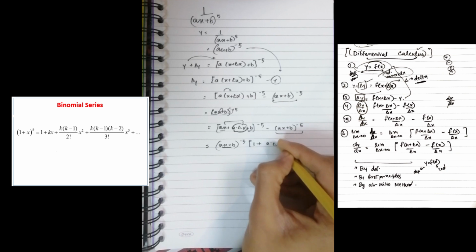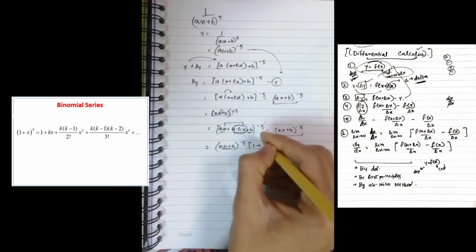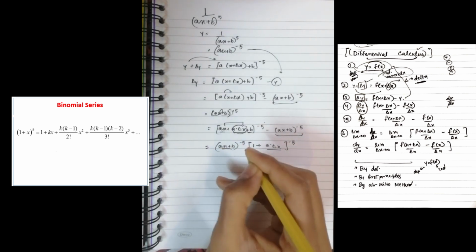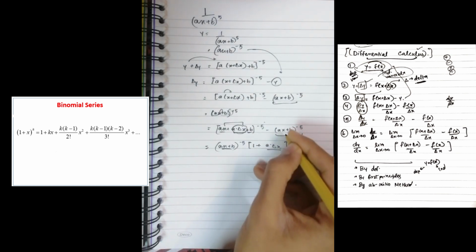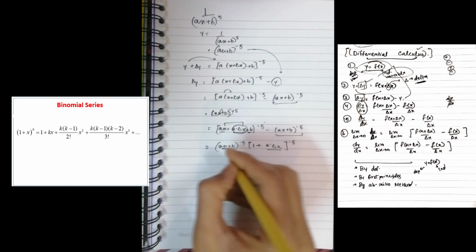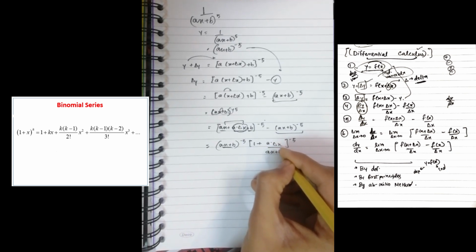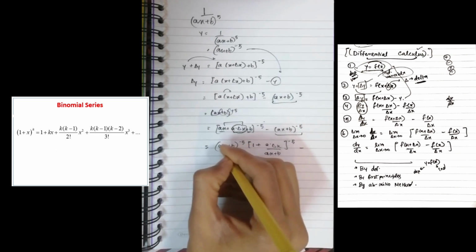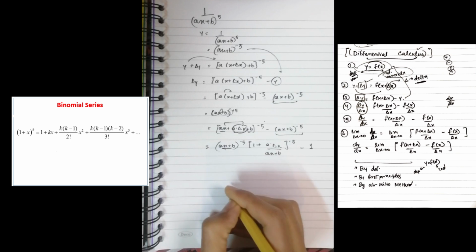A·delta x divided by the thing which is present over here, because the powers are the same, so the powers stay as they are. By taking out this thing common, you can simply put a·delta x divided by ax + b, minus 1, since (ax + b) power minus 5 is exactly the same, so I can simply put a 1 over here.